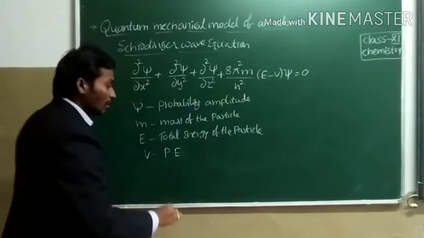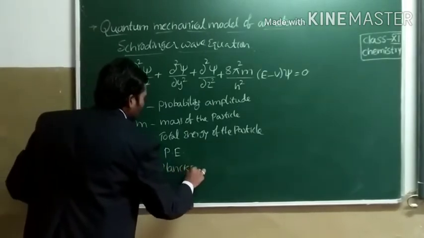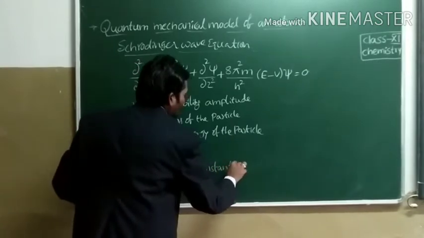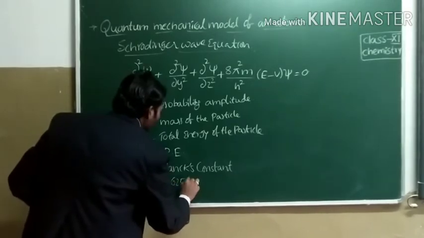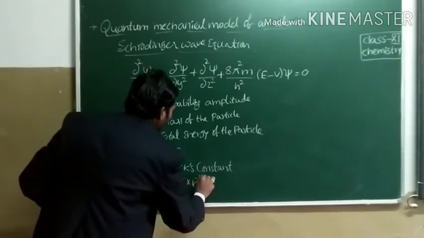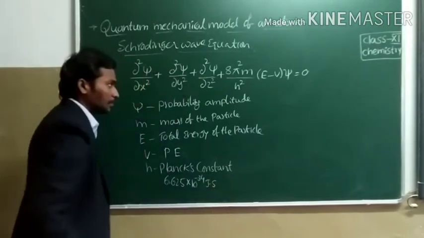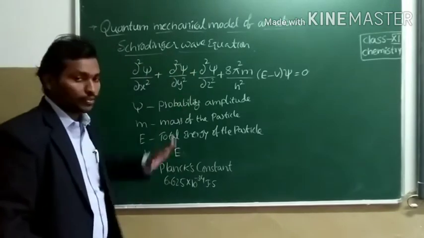And h is Planck's constant, and its value is 6.625 × 10^-34 joule second. These are the terms present in Schrödinger's wave equation.